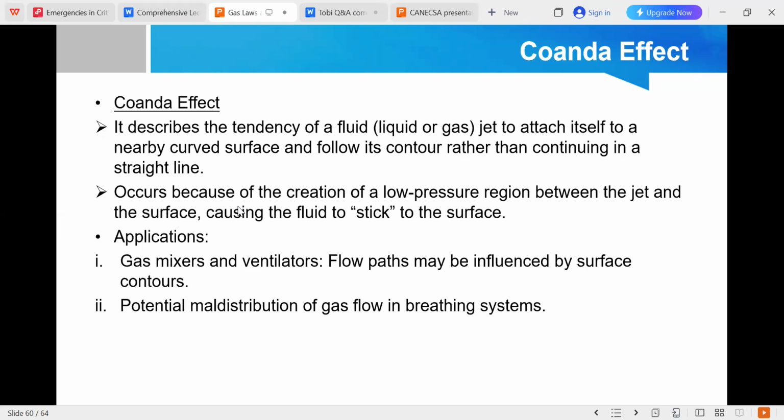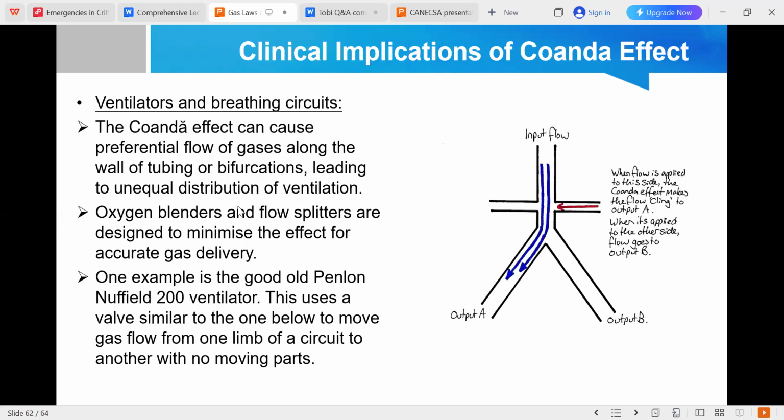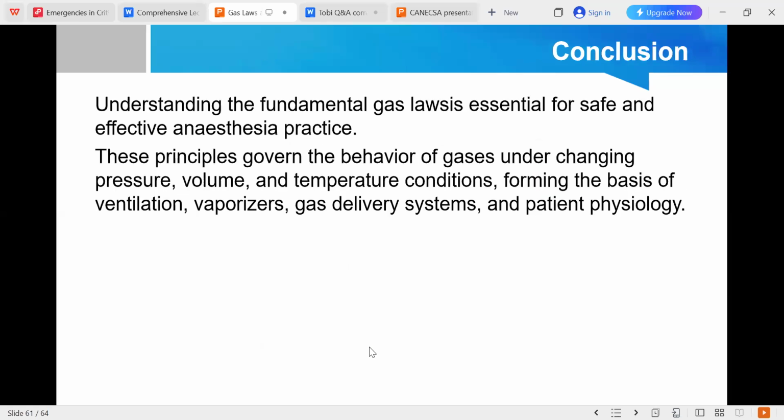This is especially seen in the Penlon Nuffield 200 ventilator. So the flow of fluids prefers to go through a curved surface, and it is used to direct the flow of gases in a ventilator.